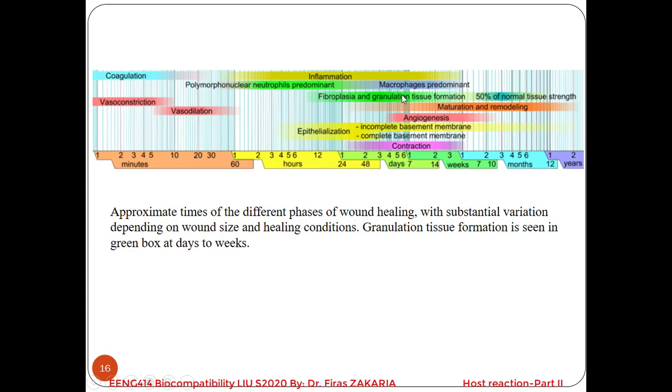The formation of granulation tissues is seen here in this green box at days to weeks. You must know this information, we talked about it before, but this diagram approximately summarizes the time for the different phases of wound healing.